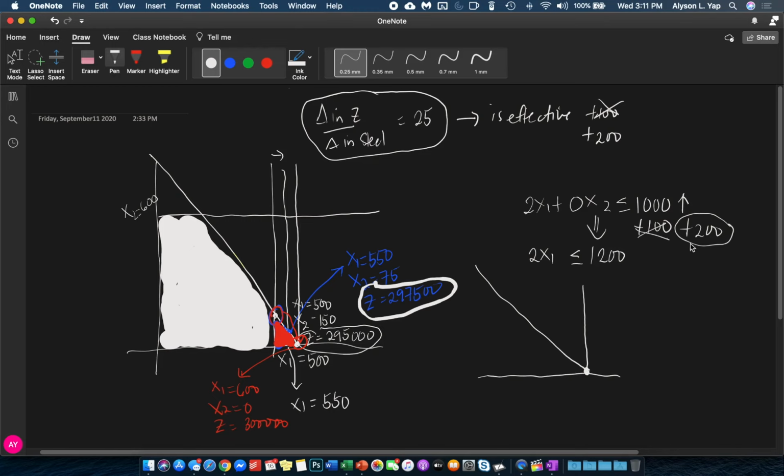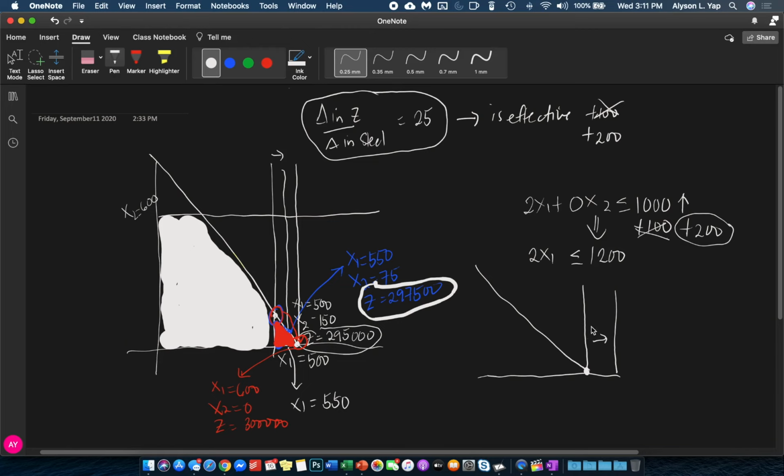Okay, and that's why you have your optimal solution here. Now, if we increase our steel supply by more than 200, what will actually happen is this vertical line will move further to the right. It depends on how much you increase beyond 200, then there is a corresponding shift to the right of this line.